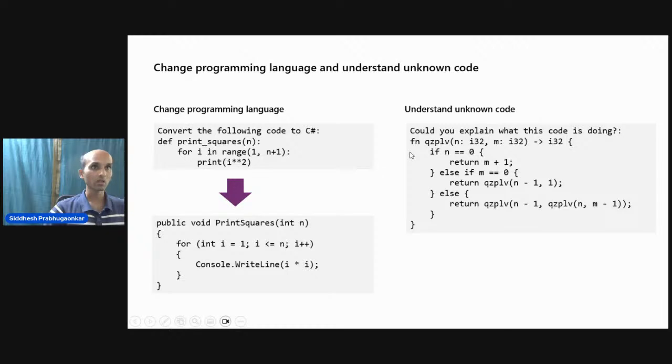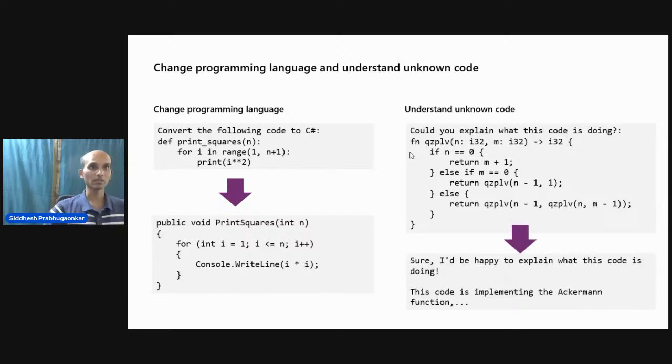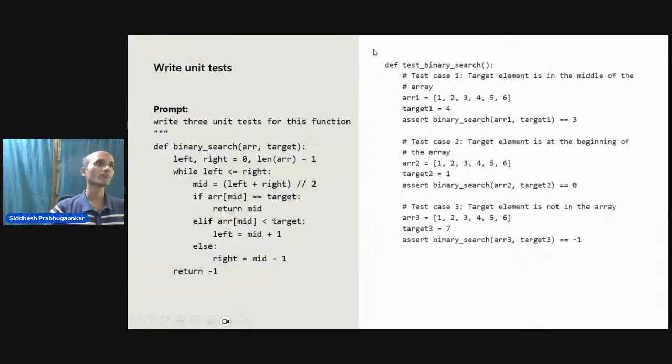Or let's say some existing developer has written a code and you are not able to understand it. In that case, you can ask the model to explain the code, and the model will respond with what this code does, and also if it is implementing any algorithm, and also specify any boundary conditions or specific scenarios.